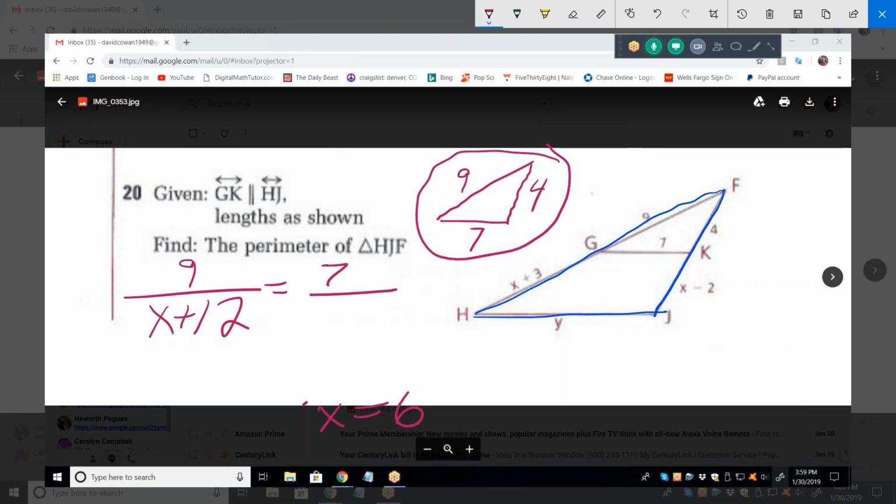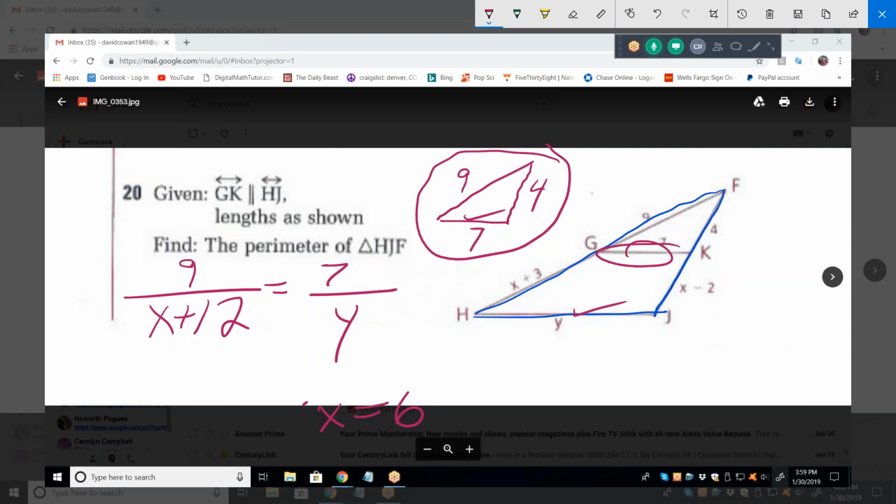7/y. In other words, 7 is the base of the smaller triangle. Y is the base of the bigger triangle. So that ratio has to be the same ratio as all the others.